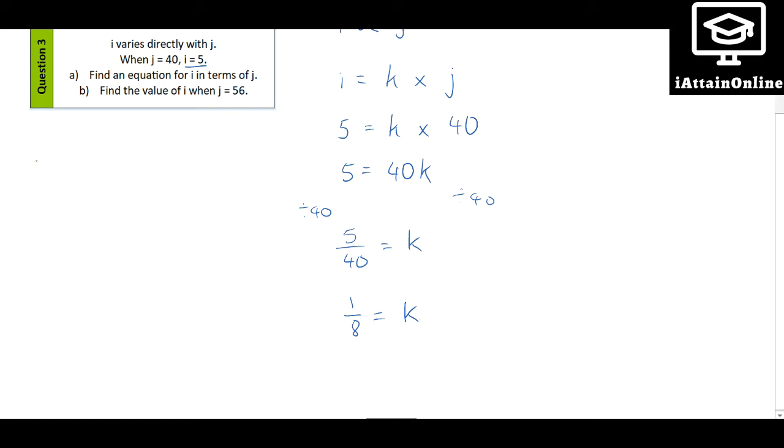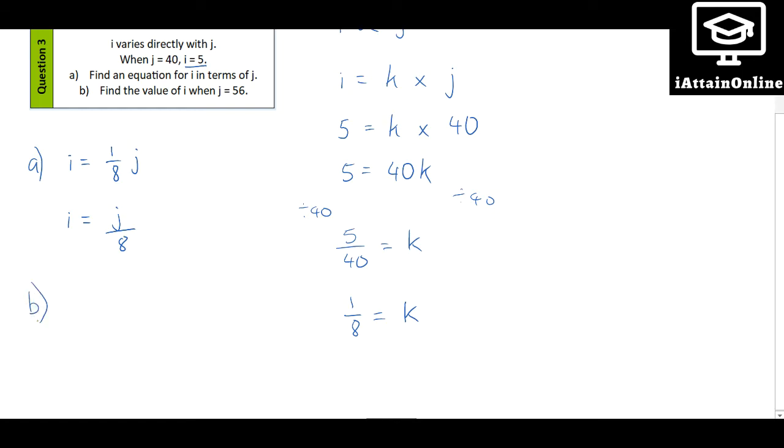So my equation for part A is going to be I equals 1/8 of J. That could also be written as I equals J over 8, because multiplying by 1/8 is the same as dividing by 8. Okay, so you can use either of these for part B.